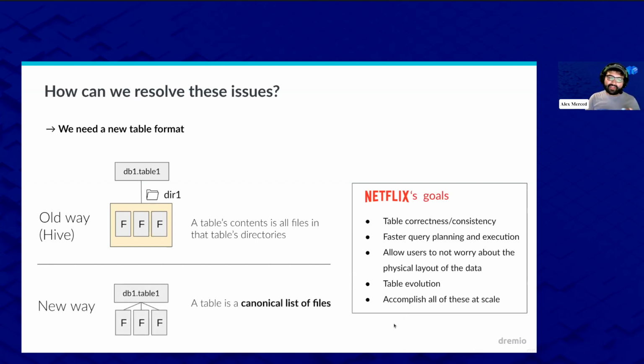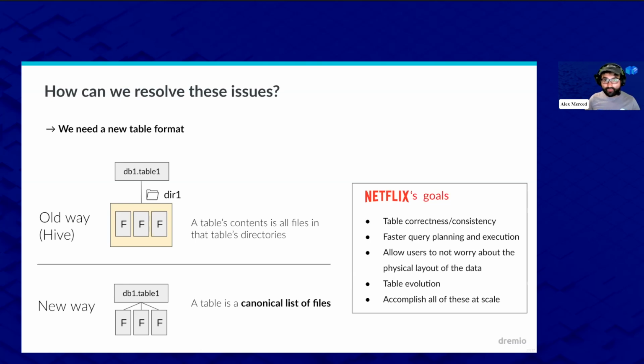Okay, so they took a different approach. The original creators of Iceberg coming out of Netflix basically said, okay, how can we do this differently? And the big fundamental insight here is that instead of looking at the table as a bunch of files in a folder, you look at them as a canonical list.